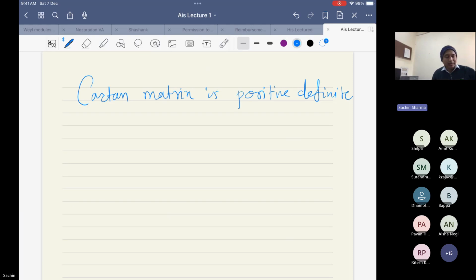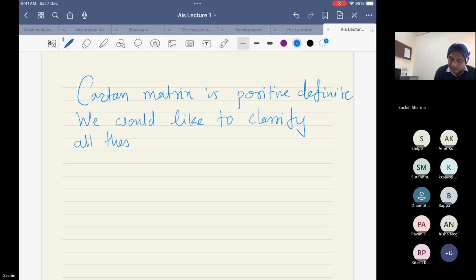Okay, and so we would like to classify all these positive definite integral matrices.